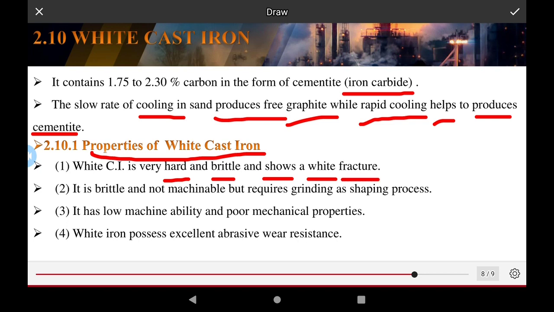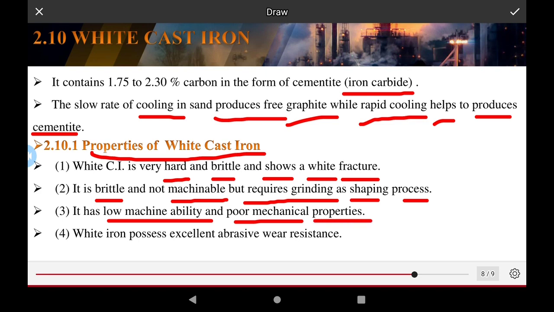It is brittle and not machinable, but requires grinding as a shaping process. It has low machinability and poor mechanical properties. White iron possesses excellent abrasive wear resistance.